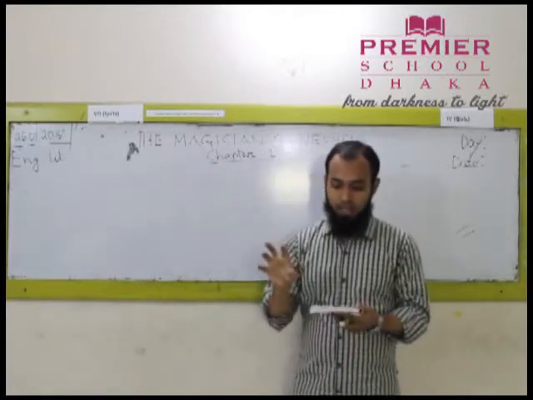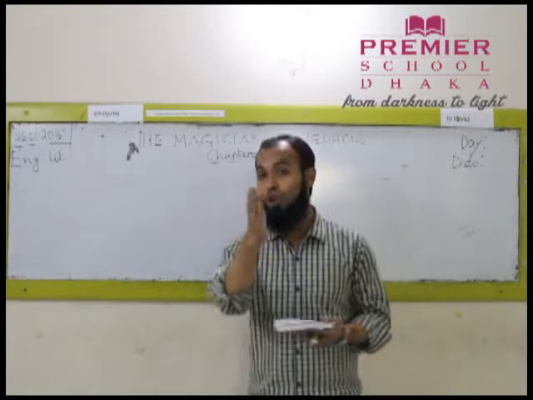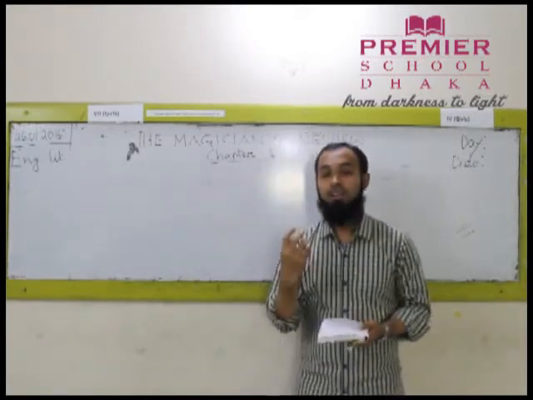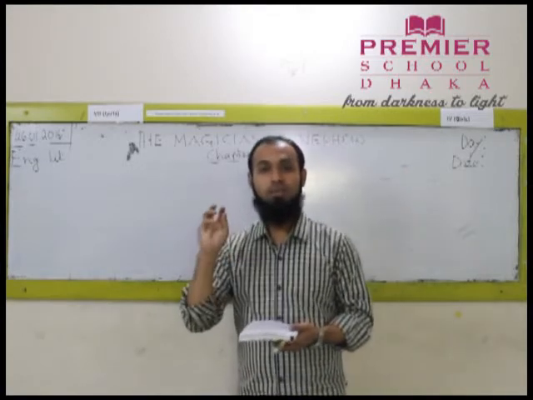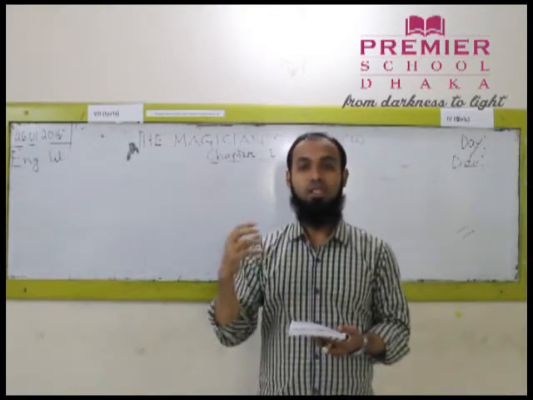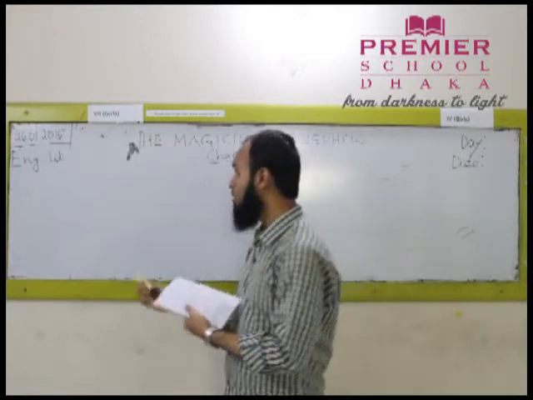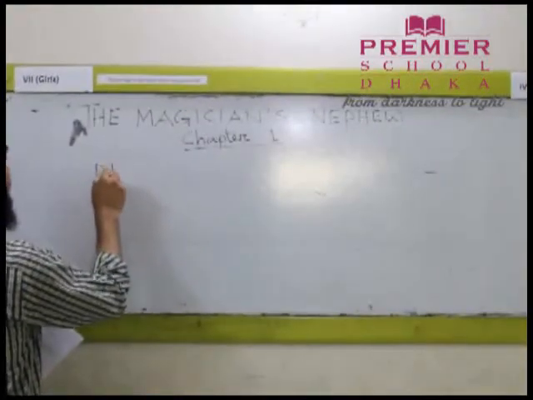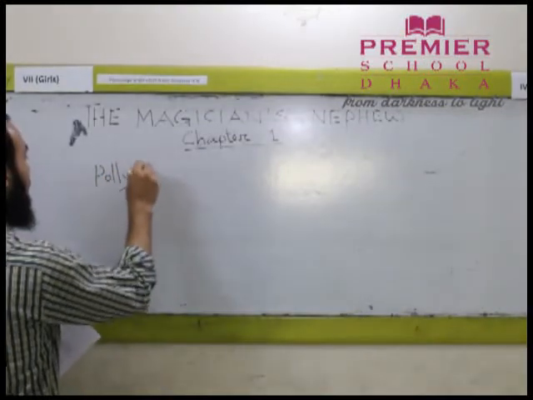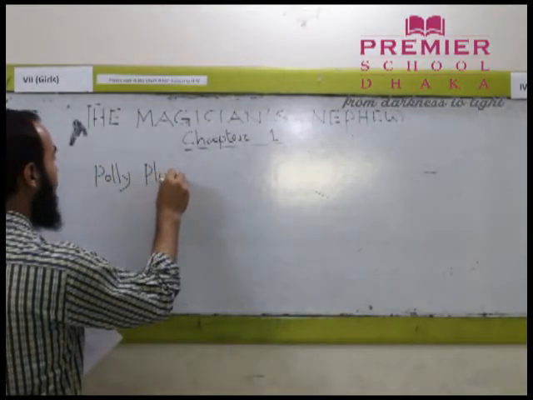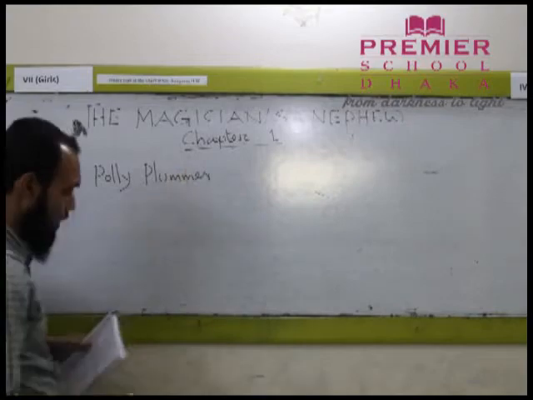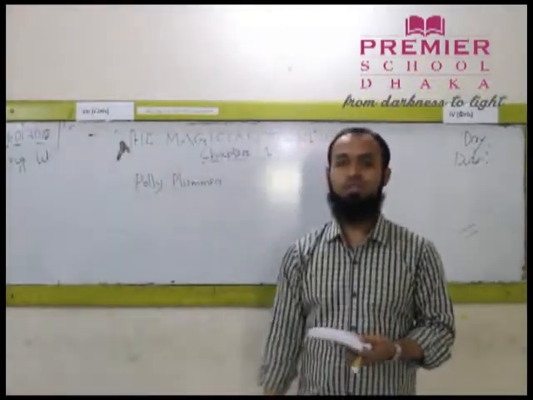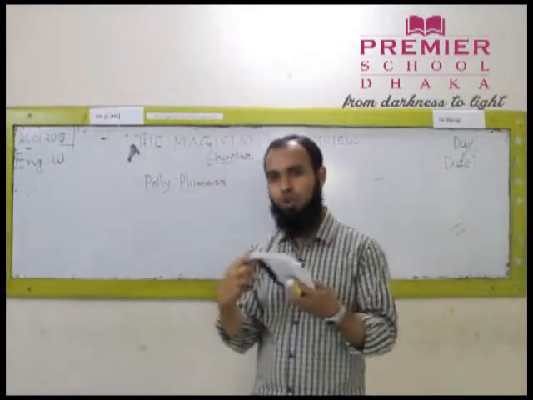Alright, so the story took place when your grandfather was a child. And in those days, there lived a girl called Polly Plummer. She lived in London. So the name of this character is Polly Plummer. Now, she lived in one of a long row of houses, and the houses were joined together.